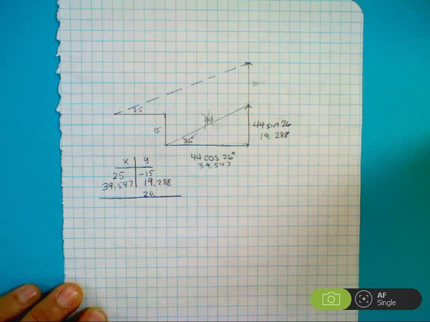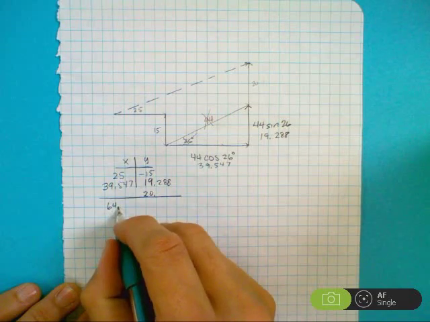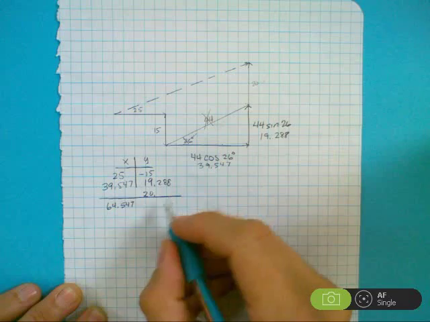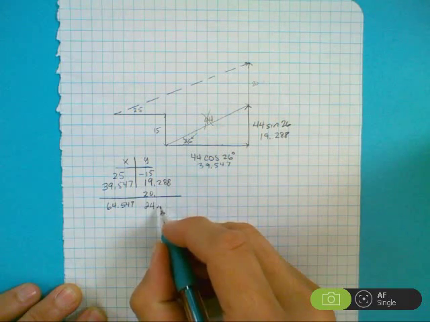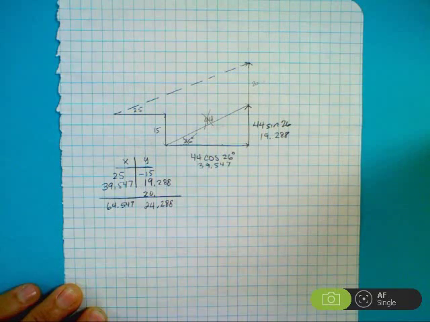And so if I combine those things, then what I'm going to find out is over here I have 64.547. And here I have 24.288 units in the y.